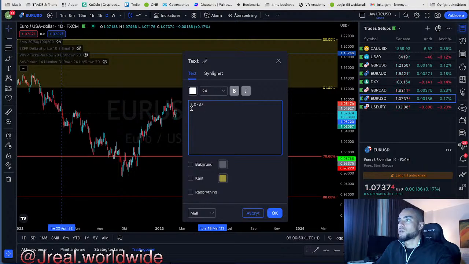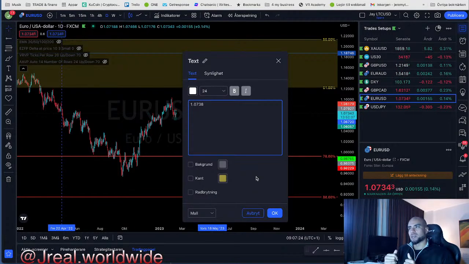So it's not the 1, not the 0, not the 7, not the 3, but the 7 here. So if it moves from 1.0737 to 1.0738, it has moved up 1 pip. That is 1 pip.